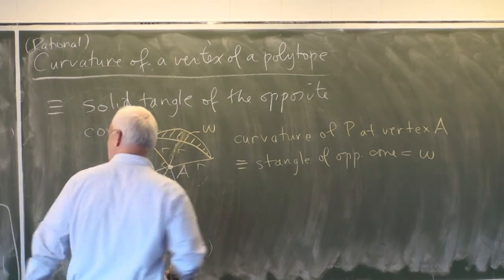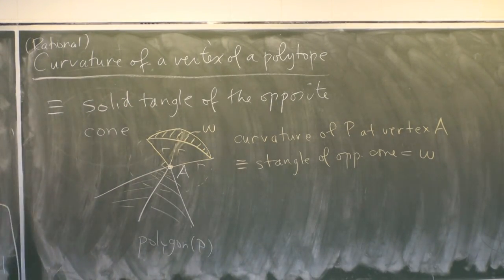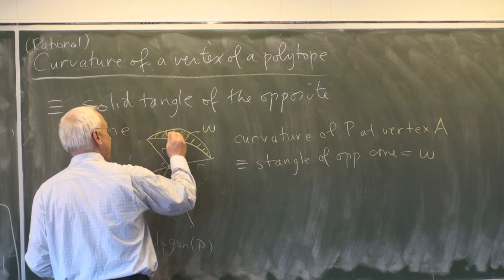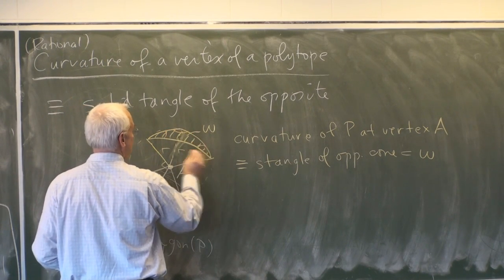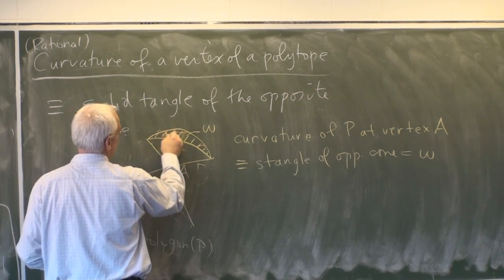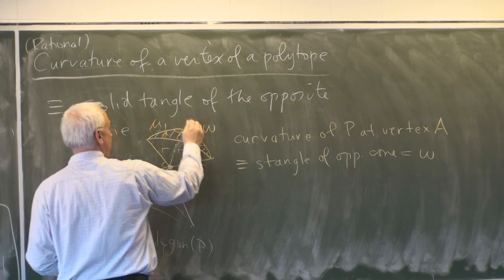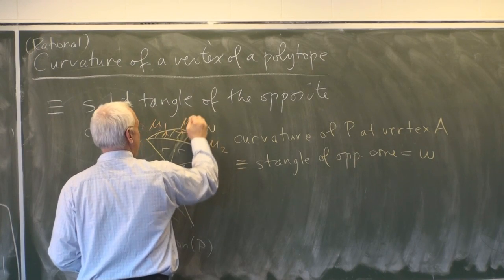Because Harriot's theorem, which I may have rubbed off, no, here it is, I've rubbed it off now, but remember it was the sum of those three tangles minus a half in the case of a triangle. So let's be consistent and let's say that these three tangles here are maybe mu1, mu2, and mu3.